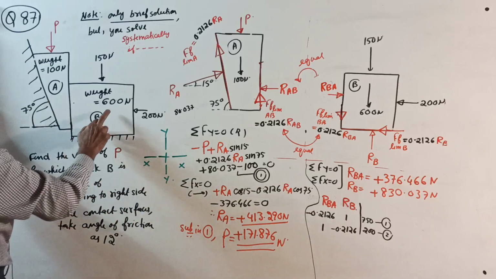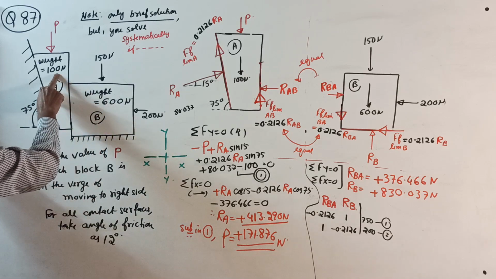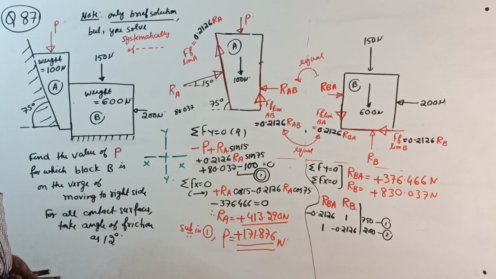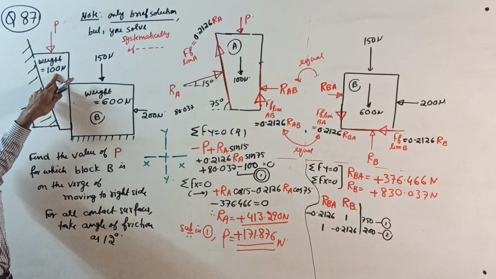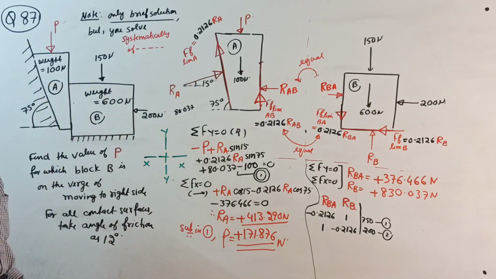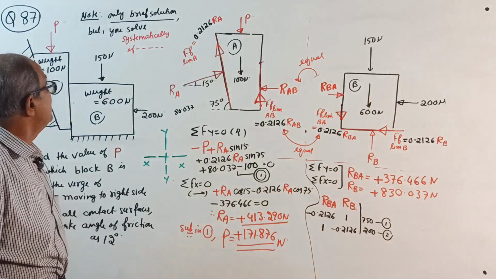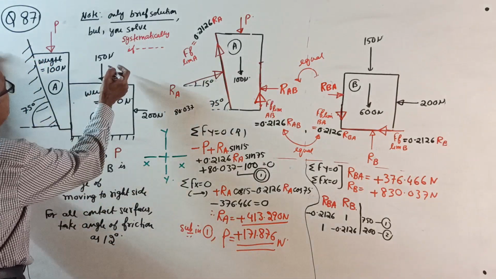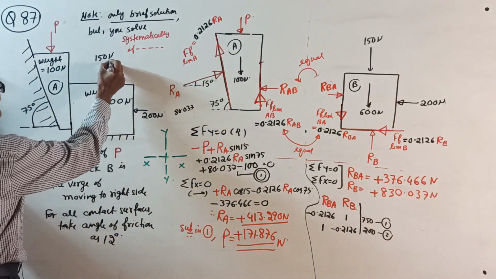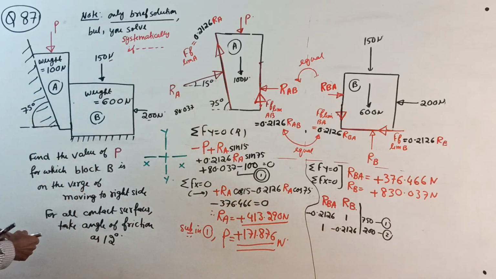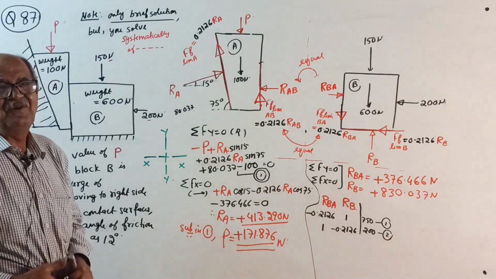Okay. This 600 Newton weight, they give 100. Usually in the exam they will tell that the weight of block A, that is the wedge, is neglected. If neglected, this weight is not there. Leave it. Then make a note: 150 Newton and 200 Newton are given in the question.